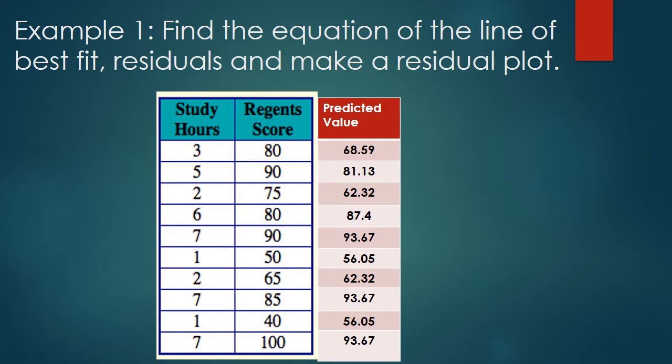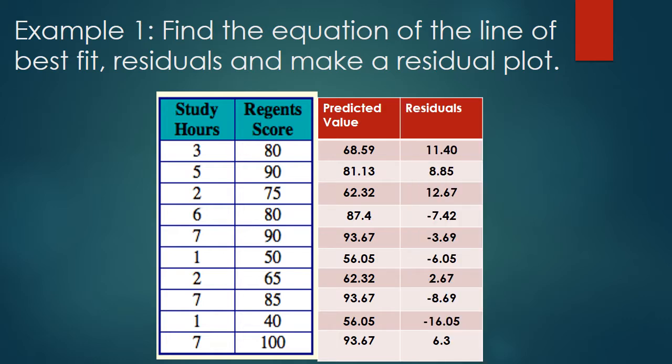And then the residuals are going to be the difference between the actual value, which is the regents score, and the predicted value, which is the value that we got in the calculator. So I subtract the predicted value from the actual value, and that difference is going to be the residual.